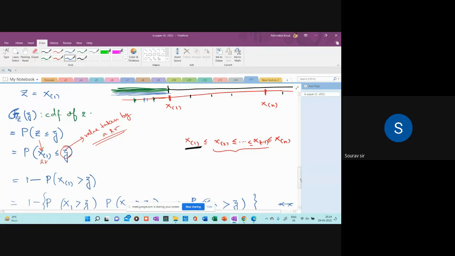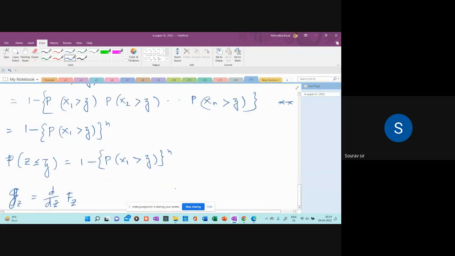That will be helpful. So it is GZ. So it is 0 minus n into probability. So we can take a minus of this thing as well. So we will write 1 minus probability x1 greater than z whole to the power n.